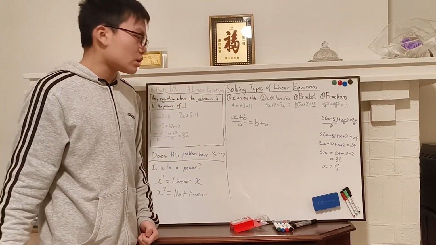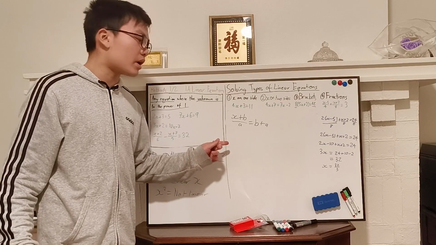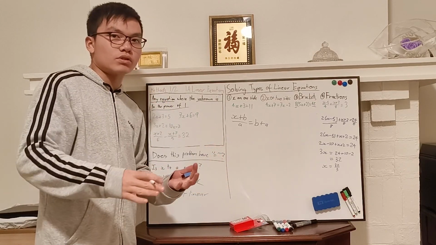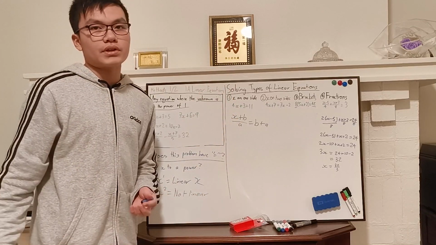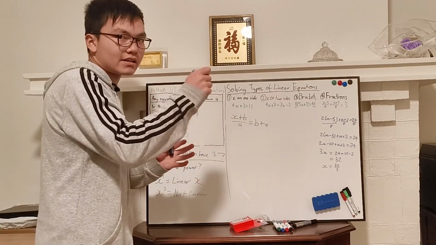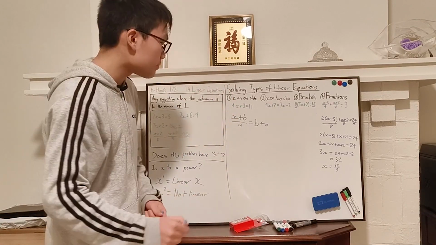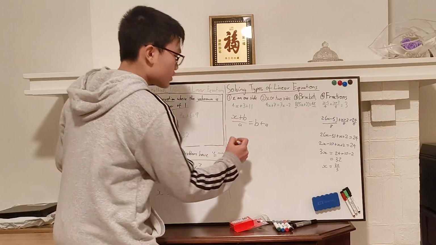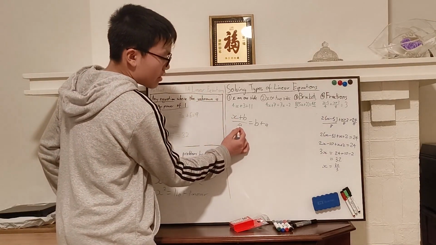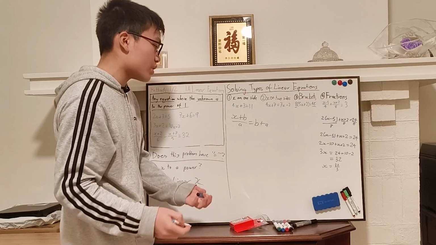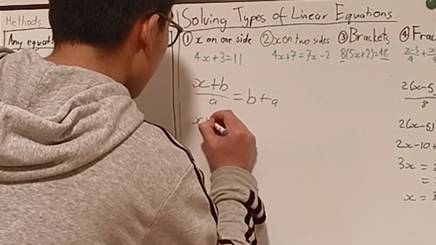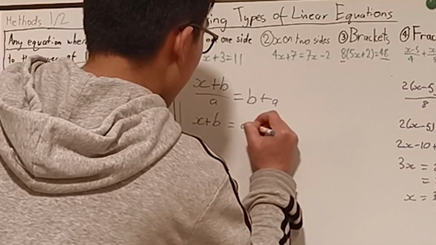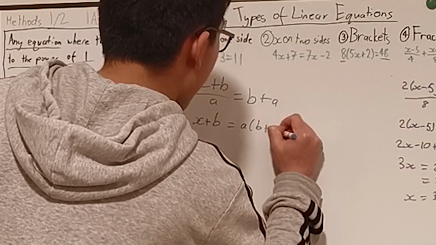The best way you can solve these sort of equations is by rearranging it so that x equals something. Again, this is the most important principle when you're trying to solve linear equations. Make it so that x equals whatever. So here's how we're going to do this question. The first way we're going to rearrange it is bring the a over to the other side. So x plus b equals a, b plus a.